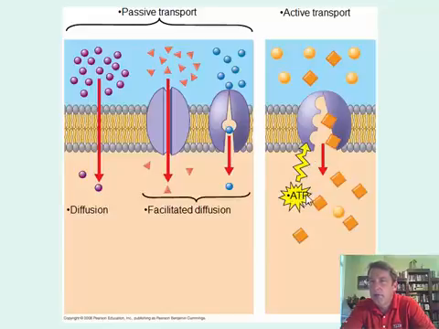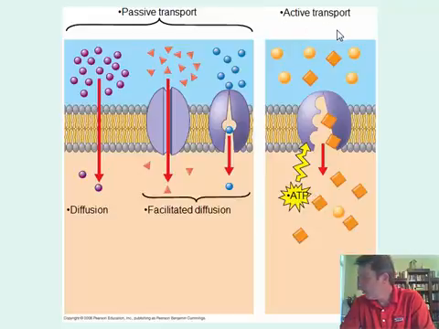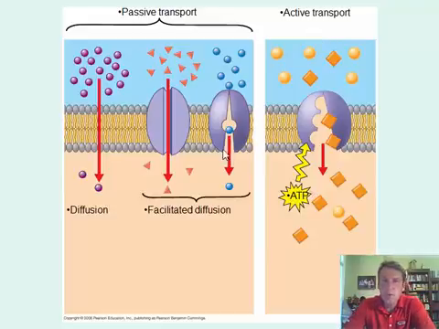The bonds of the phosphate are going to be released, and energy will be released when those bonds break, and that fuels this process. So this is called either active transport, or in your outline it's called physiological process, where that energy is required.